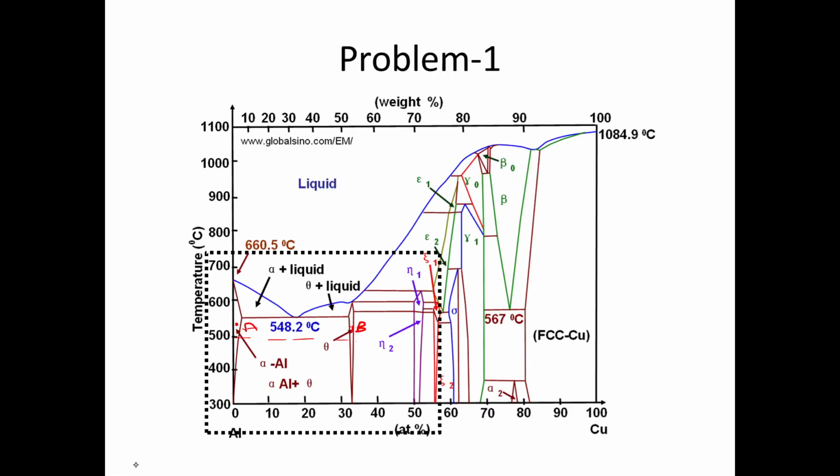Why is it so? Because see here, the tie line drawn at a temperature of 500 degrees Celsius across these phases first passes through the alpha aluminium, then through the alpha plus theta region, and then again reaches the theta. So that's why it forms the intermediate of alpha plus theta aluminium.